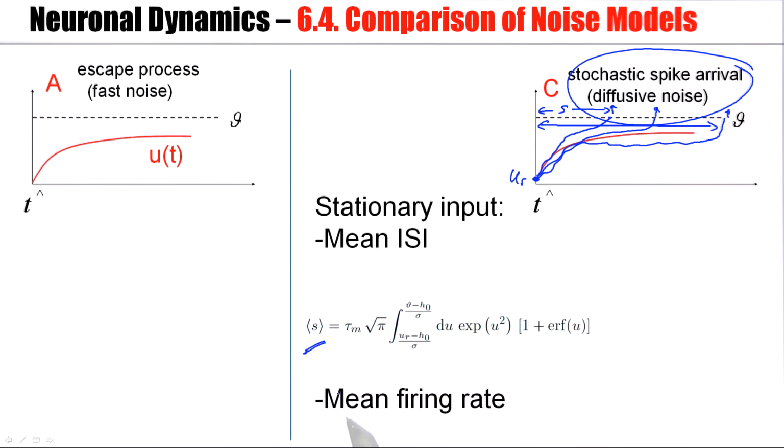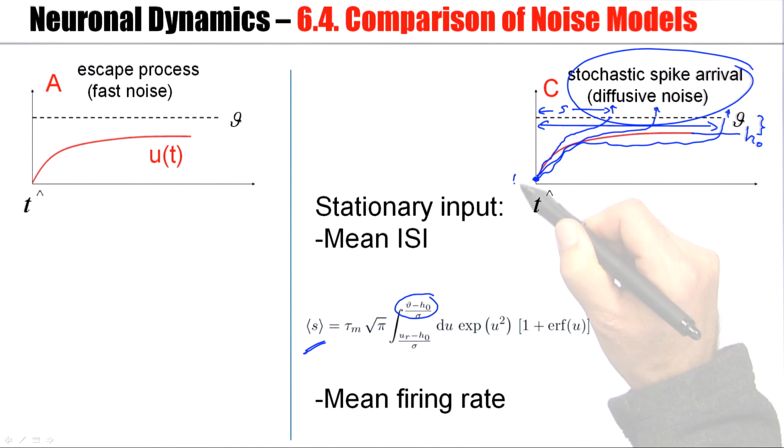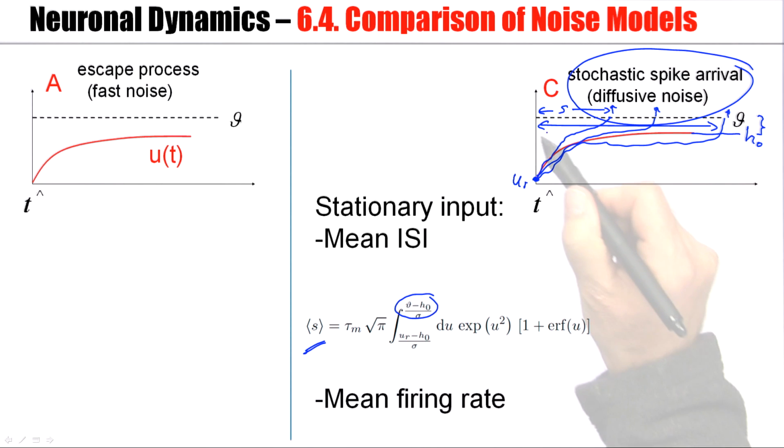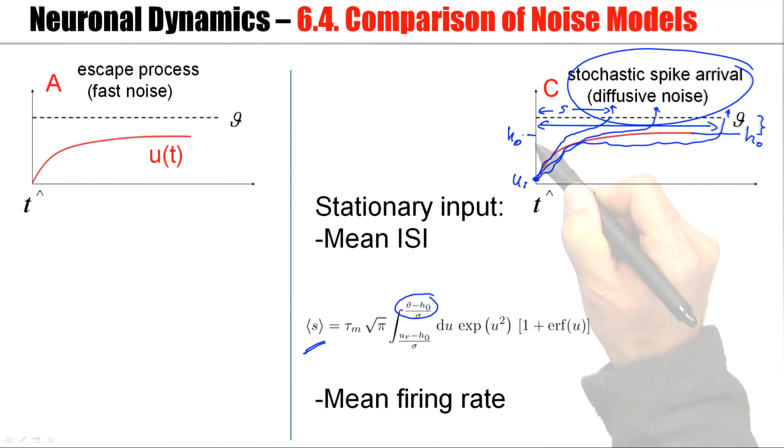And this is a famous formula. What you see here is the mean value of the noise-free trajectory, h0. What matters is the distance of h0 to the threshold, normalized by the width sigma of the membrane potential distribution. Another important quantity is the difference between the reset potential and h0.